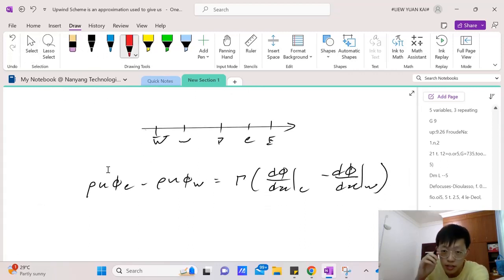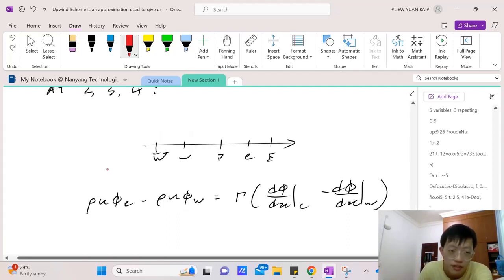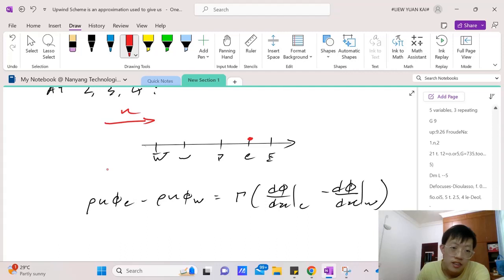Okay, so I'm gonna recap again. We already have the differential equation simplified for us. Now we don't know what phi E is, we don't know what phi W is. So you check the fluid velocity. Fluid velocity is flowing this way, right? So this means we don't know what phi E is.